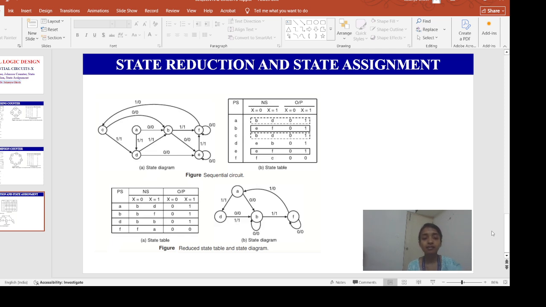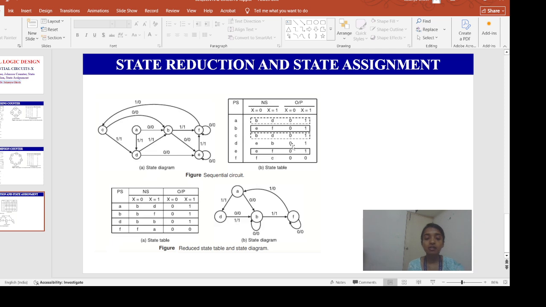Here the reduction technique is elaborated with an example. There are two steps. First, we need to determine the state table for the given state diagram, and next we need to find the equivalent states. In equivalent states, every possible set of inputs generates exactly the same output and the same next state.